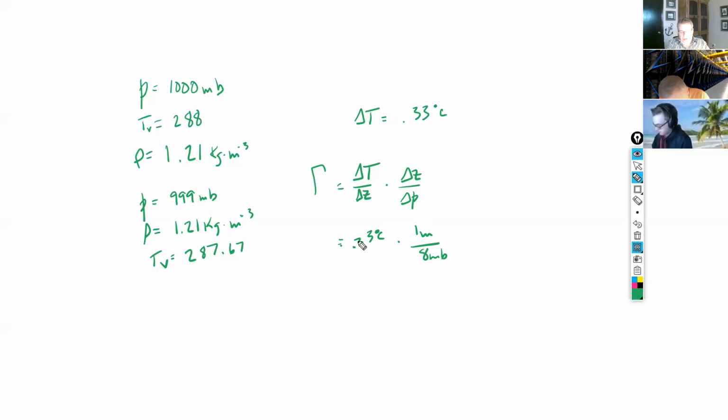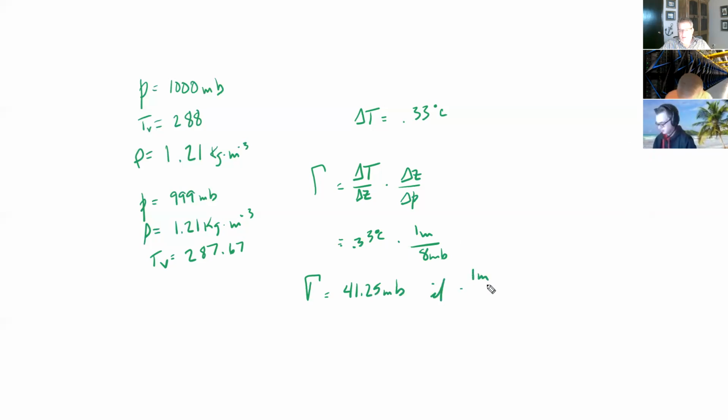So it should be 0.33 divided by 8 millibars times this 41.25. Is that what you guys get? If 1 meter for 8 millibars.